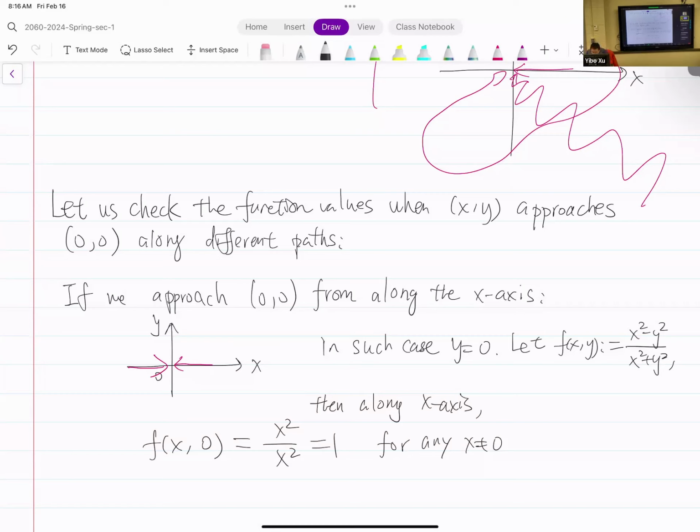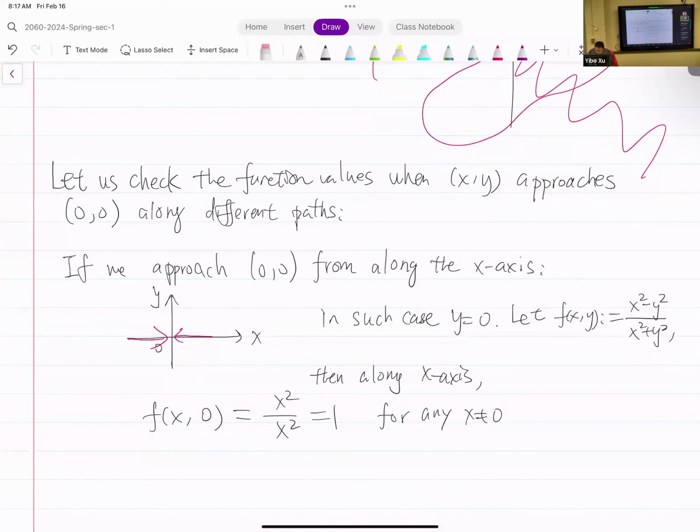Right? So basically, this is just saying, okay, I'm approaching the origin along the red arrows. And basically, at every point, it's gonna give me the same output. Then of course, when your x value approaches 0, the limit is also this constant. Okay?